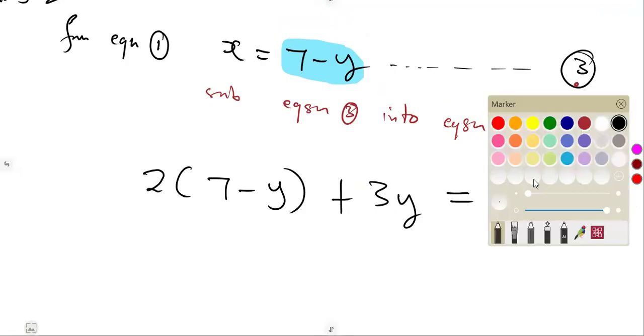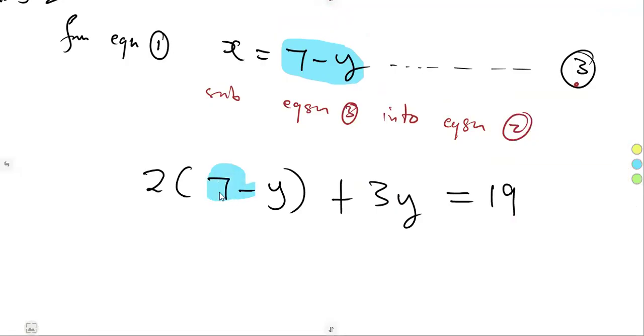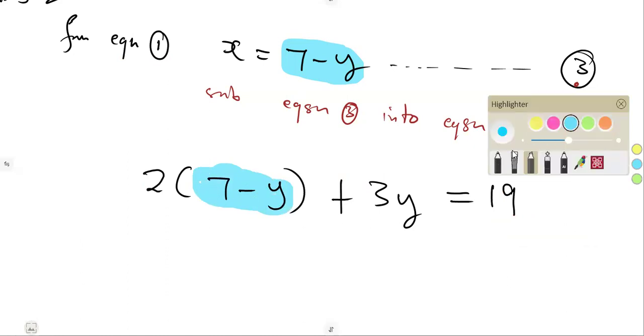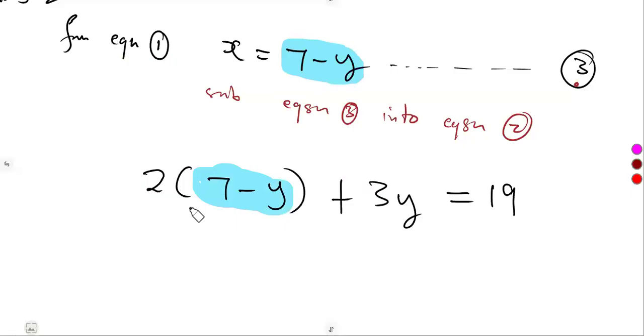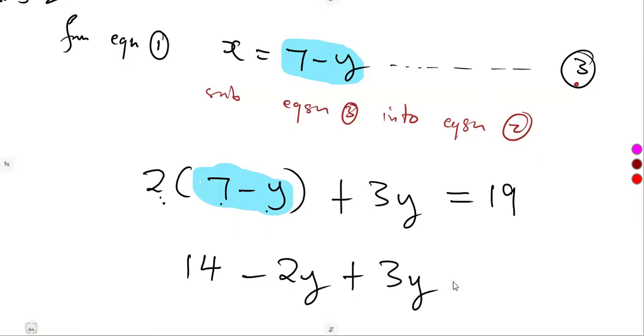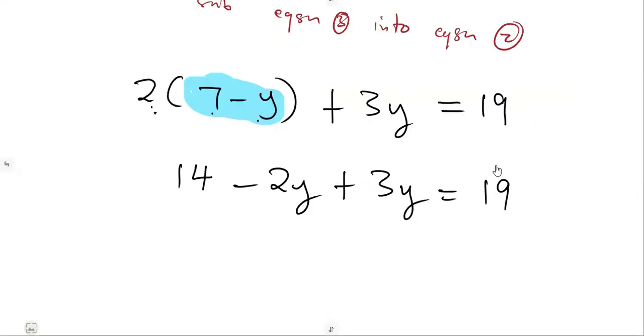As you can see, there's a bracket here, so distribute by 2. Each and every term multiply by 2. 2 times 7 is 14. 2 times negative y is negative 2y, plus 3y is equal to 19. Let us collect our like terms.